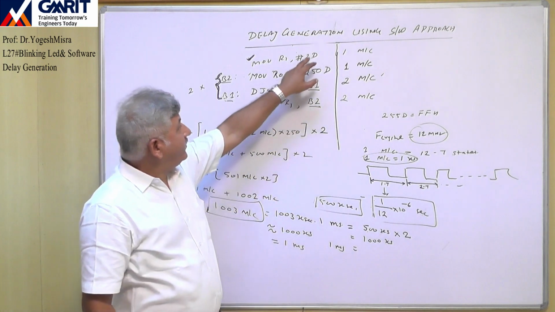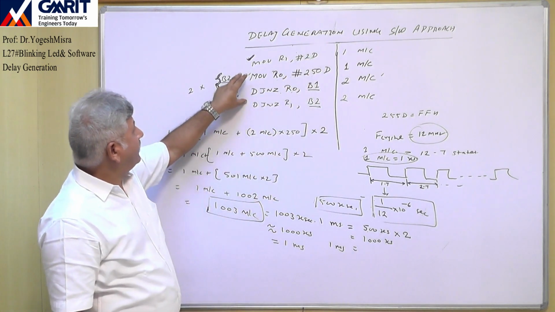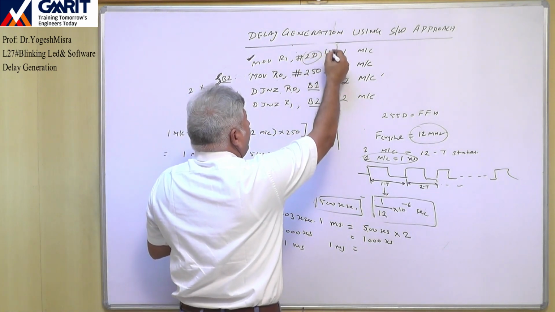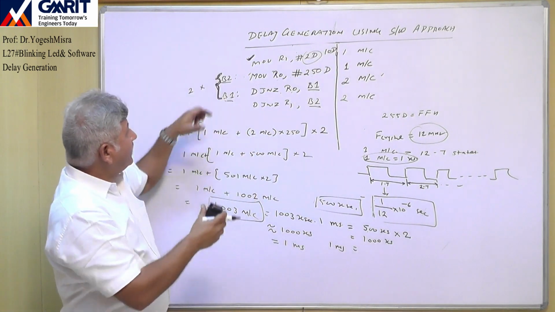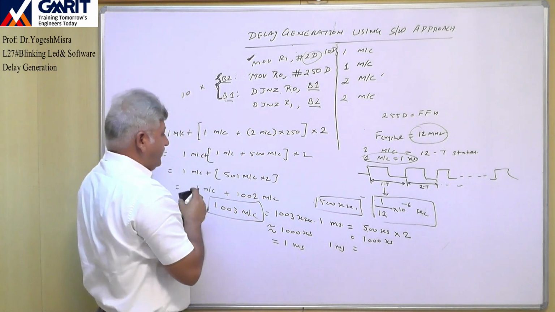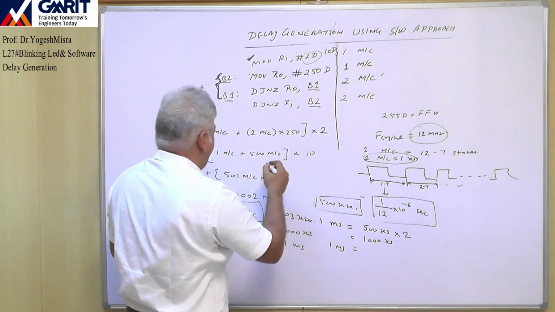And if we increase this value of R0, suppose here in place of 2D, if I put 10D, then what will happen? These set of instructions will execute 10 times. 10 times means here we put 10.